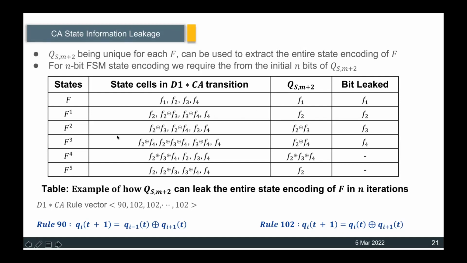In the third evolution, when you get F2 XOR F3, obtained by applying the next transition, then when you leak F2 XOR F3, and since you have already leaked F2, it is trivial to get F3. That way you can recover the entire initial state. So you can see that F1, F2, F3, and F4 can be recovered, which was the initial state of this transition. Therefore, even leaking the MSB is not a prudent choice when we are talking about obfuscation, because it leaks the evolution of the initial state.